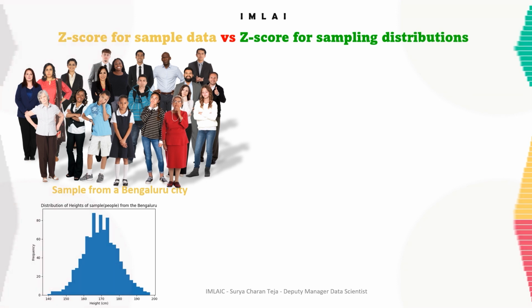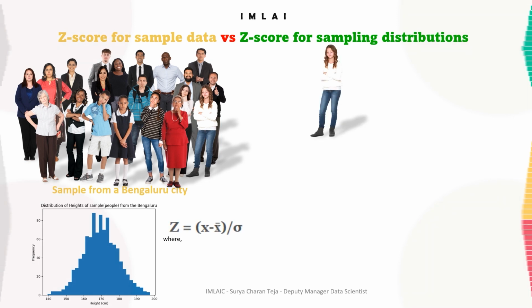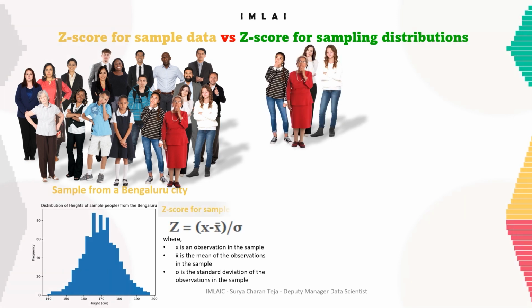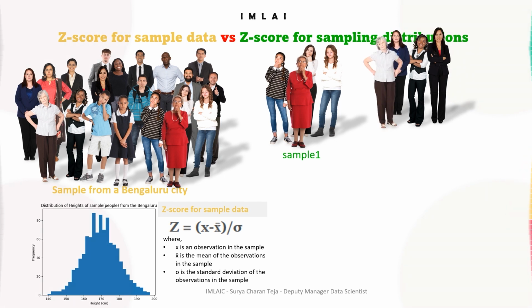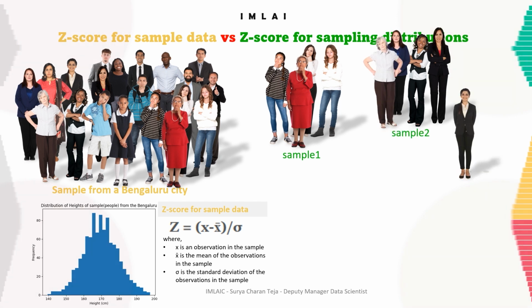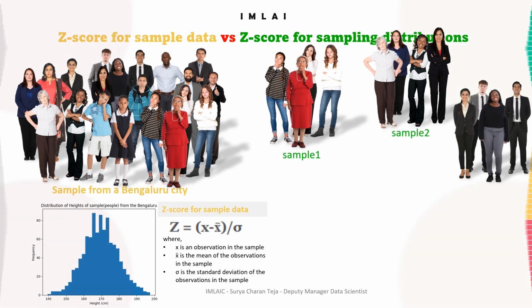Bengaluru people are our whole population. From there, I'm going to take three samples. Different samples. This is sample 1, this is sample 2, and this is sample 3. Like that, you can take n number of samples, 1000 samples. I have taken 3 samples. You can see that from here.